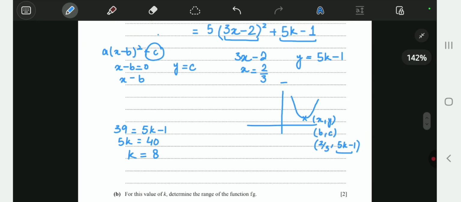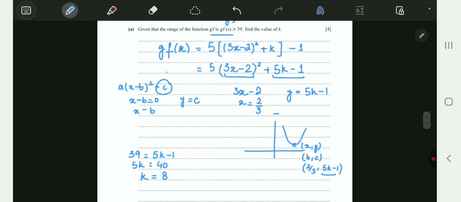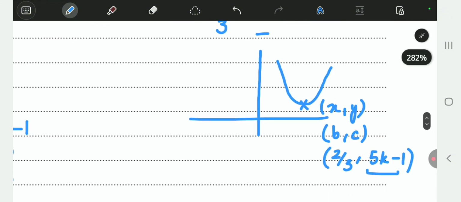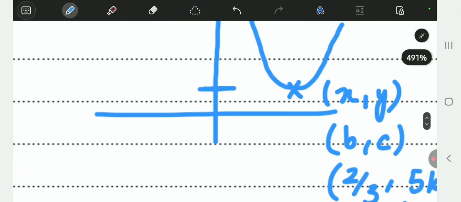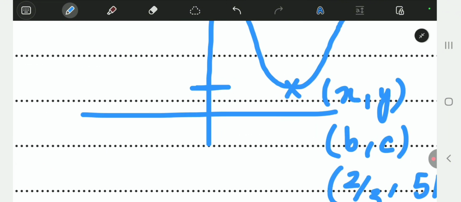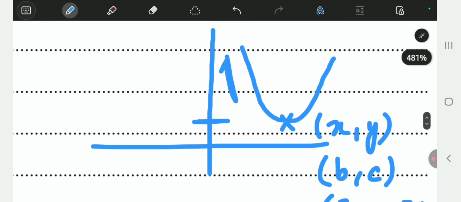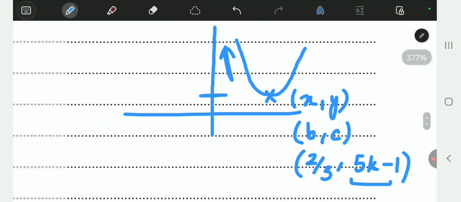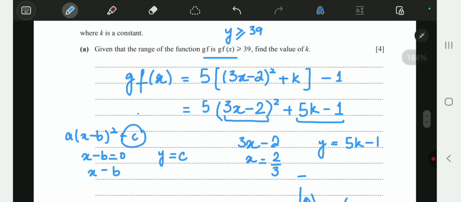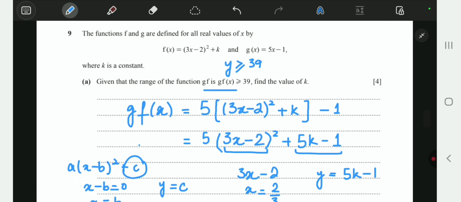Getting back to this, how? They say the range is greater than or equal to 39, meaning the y values are at least 39. But the vertex form tells us that the y coordinate of the vertex, which is c, is the minimum.